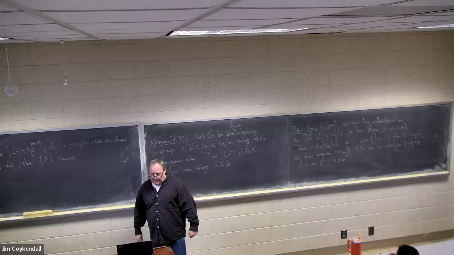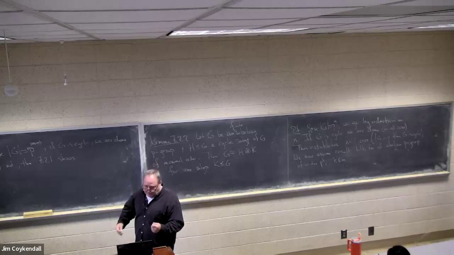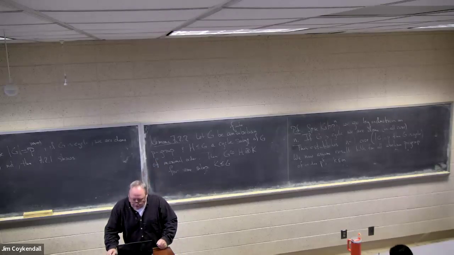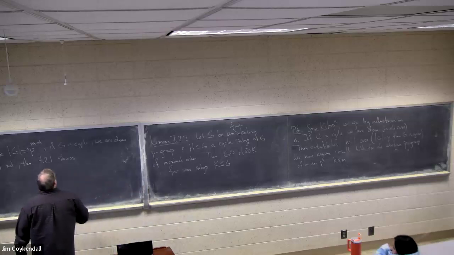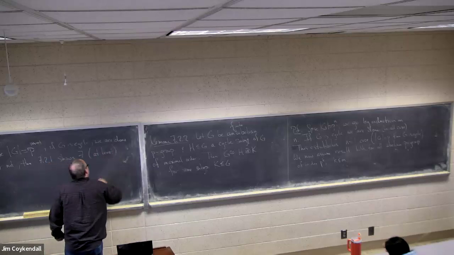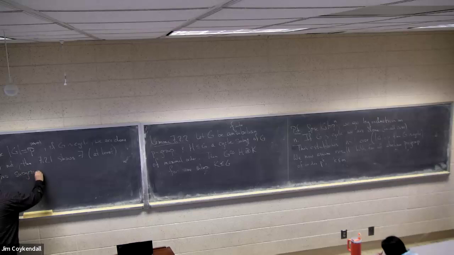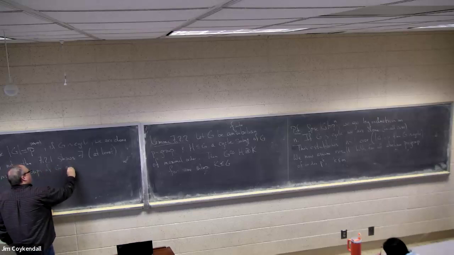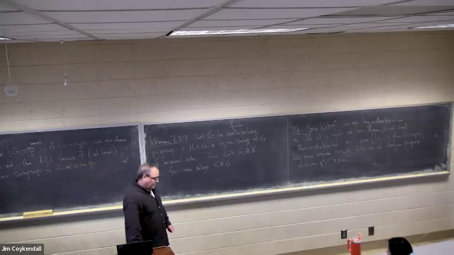If G is not cyclic, there have to be at least two subgroups of order p, because that was our condition for it being cyclic: one and only one subgroup of order p. So there have to be at least two subgroups of G of order p.